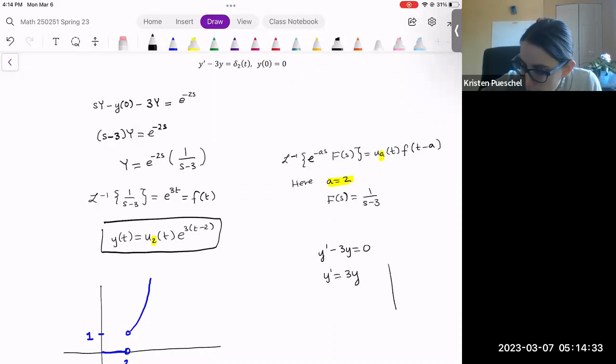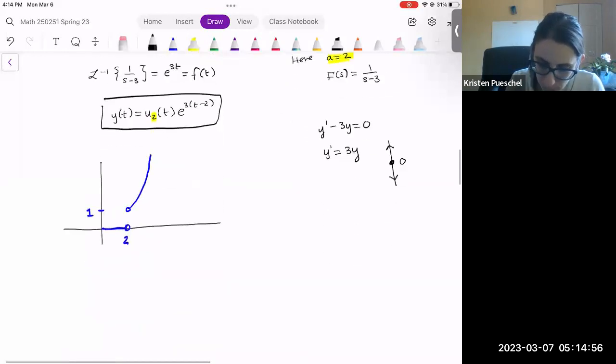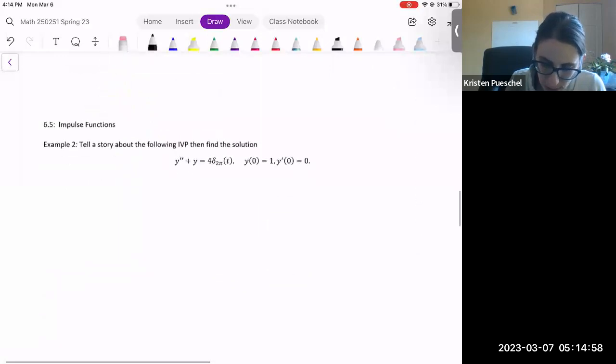Right, we've looked at the phase line for this guy before. We've got an equilibrium here at 0, and then this guy is unstable. So once we get knocked off of that equilibrium, all of a sudden we're going to have exponential growth. Okay. All righty. Great. Okay, on to the next one.